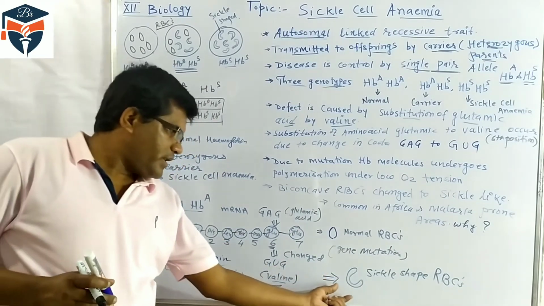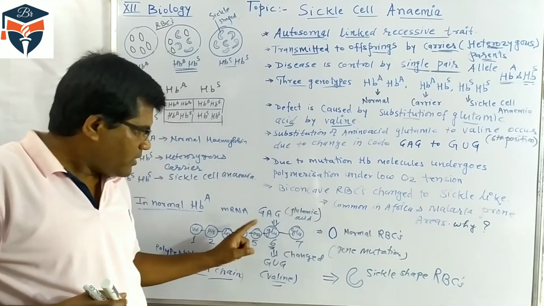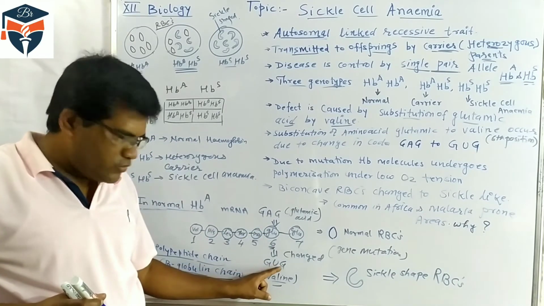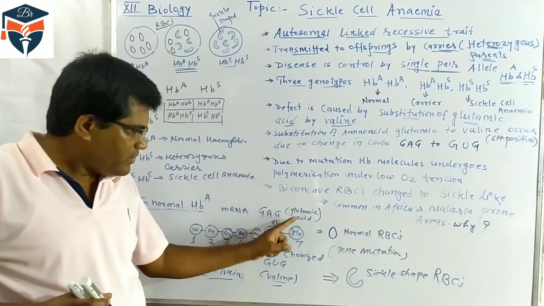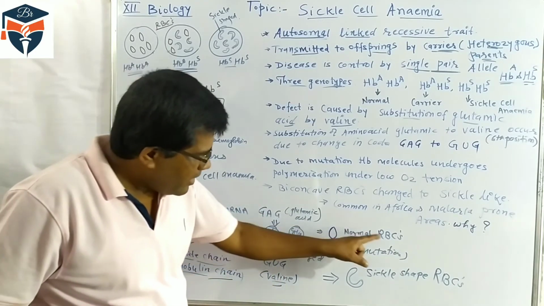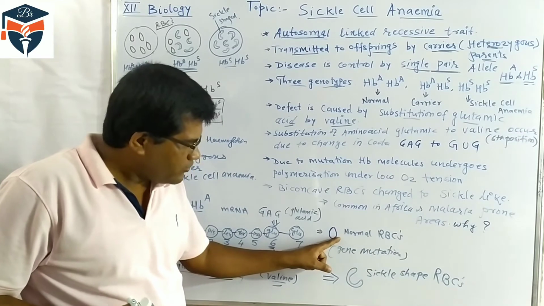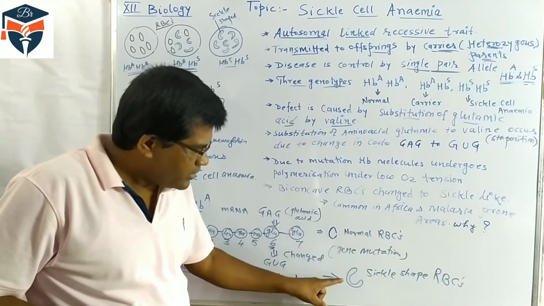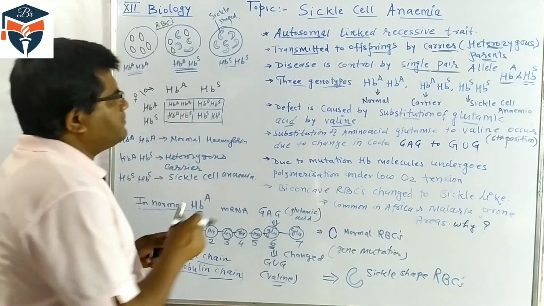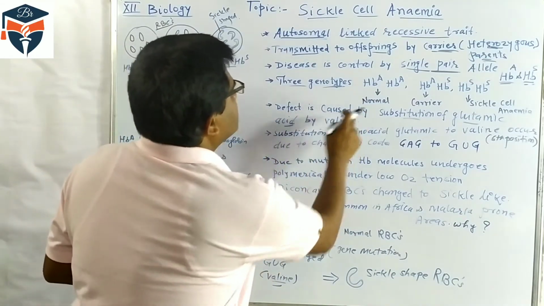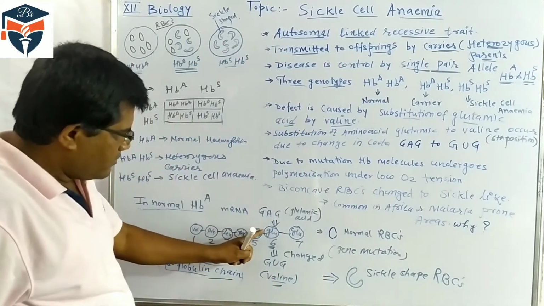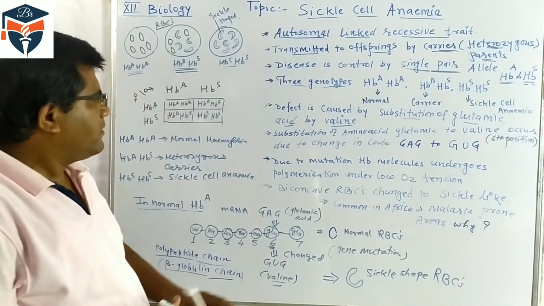Why? Because on the 6th position GAG changed to GUG and glutamic acid is replaced by valine, and that's why the normal RBCs, which have the biconcave structure, change to a sickle cell like structure. That is why the defect is caused by the substitution of glutamic acid by valine.